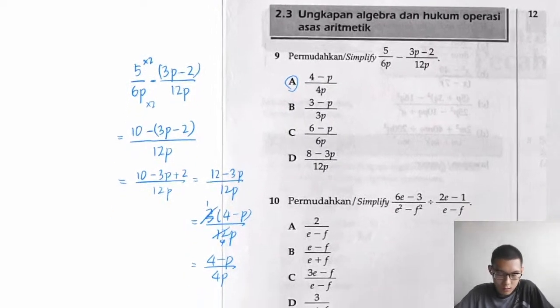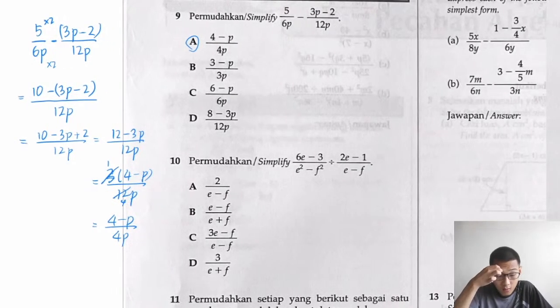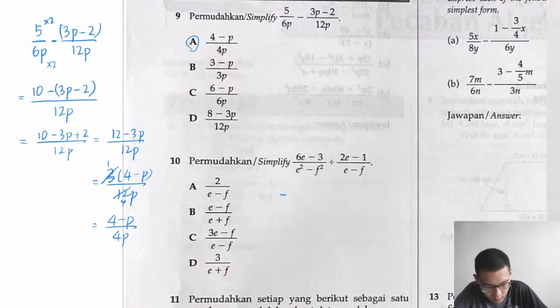Okay, simplify this one. We have e. Oh no, this one is very hard to read. So let's do it together. The first one we have this, we try to make it times. The second one we have this. You see this, we can try to make it e plus f and e minus f. Our eyes must be sharp. We have 3 and 2e minus 1.